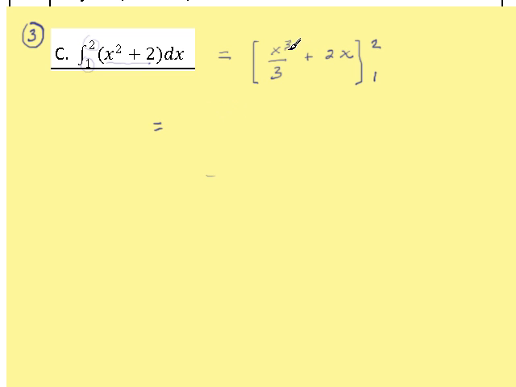So here we have 2 cubed, so that would be 8. Plus 2 times 2, that's 4. Okay, so that's what we get when we substitute in 2. Now let's substitute in 1 into this expression, so we get 1/3 plus 2.